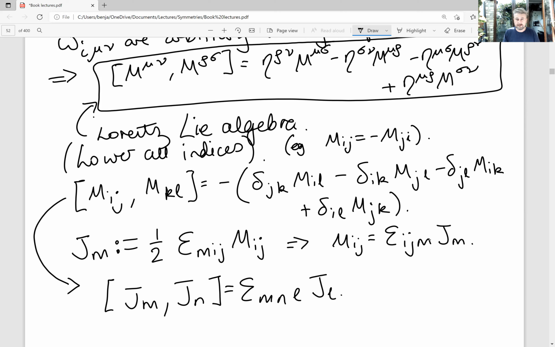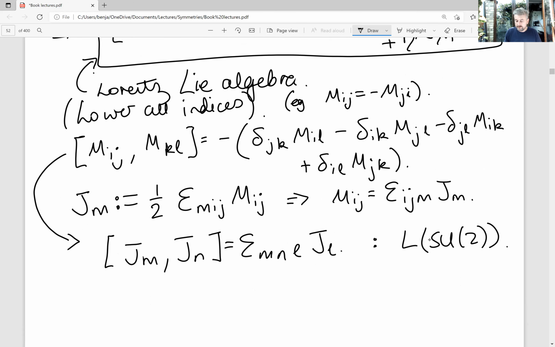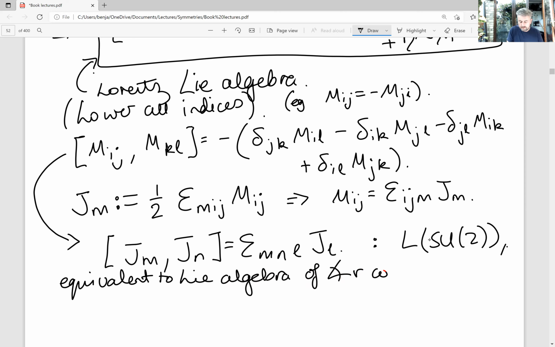This is the Lie algebra of SO(3), or indeed of SU(2), where you have three of these J's. And of course, this is equivalent to the Lie algebra of the angular momentum commutation relations.